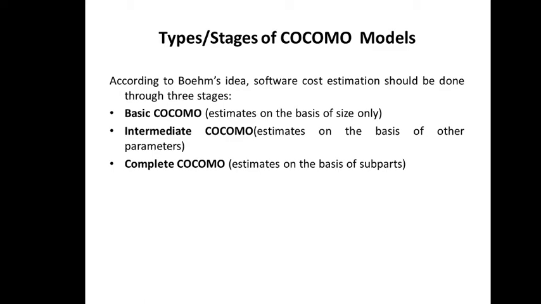So they need more effort. So it's not only the size, there can be several other parameters which can influence the effort, time, and cost estimation. This is what is meant by the intermediate Cocomo model.